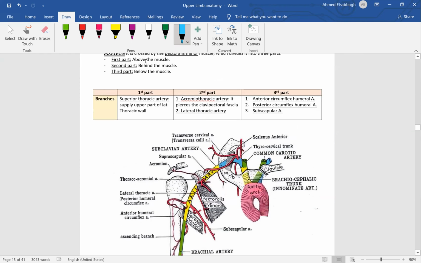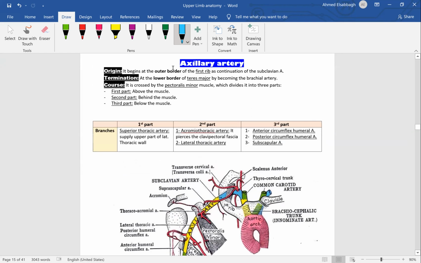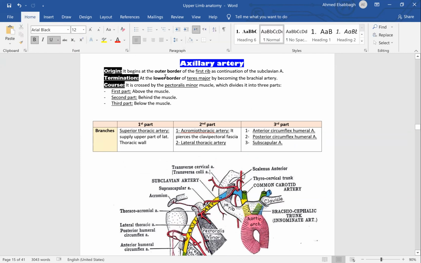So the origin: it begins at the outer border of the first rib as a continuation of the subclavian artery. Termination: at the lower border of teres major by becoming the brachial artery. The course: it is crossed by pectoralis minor to be divided into three parts.